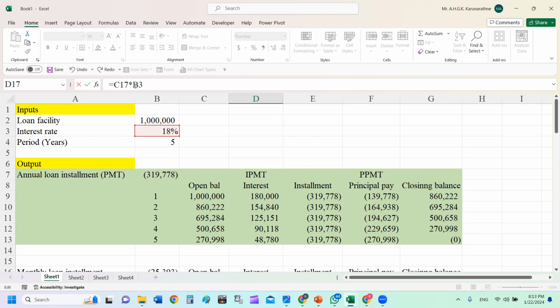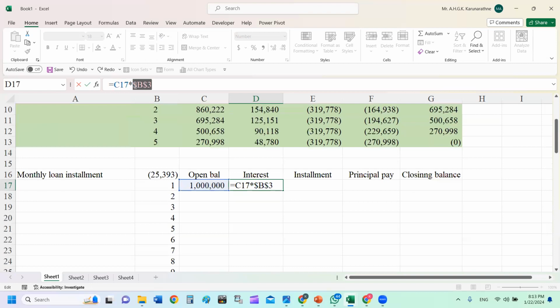Fix the interest rate first, press F4 to fix it. This is the annual interest rate. For the month, you need to make it monthly basis, divided by 12. You can hard code 12.